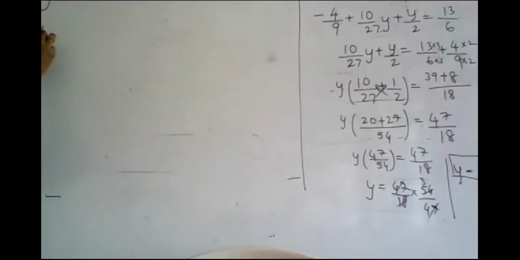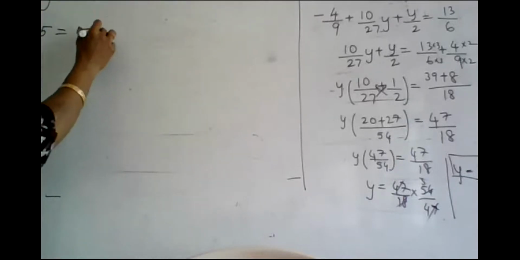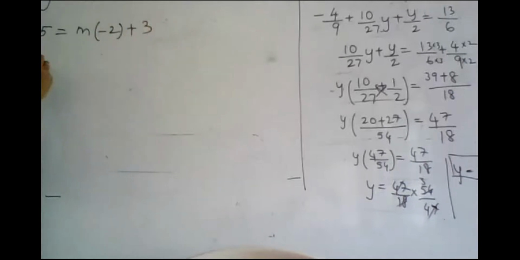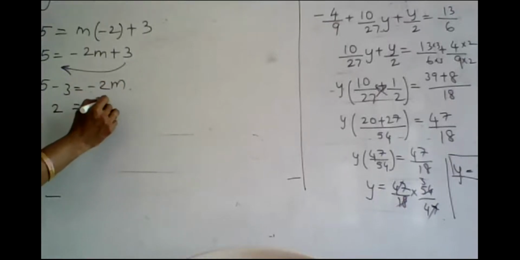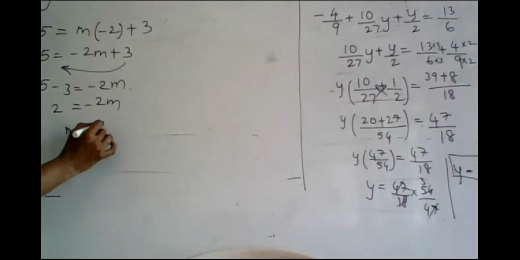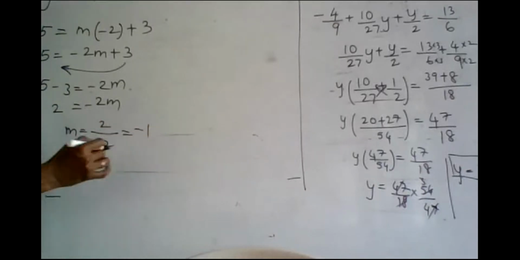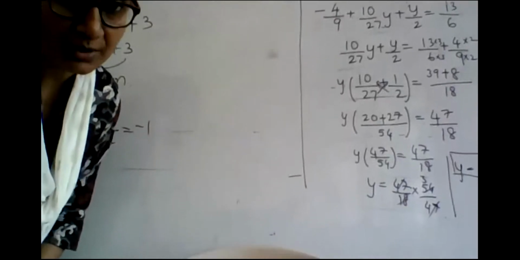And hence, when you write it in that equation, you get 5 equals negative 2 times m plus 3. Right? So the 3 will be transposed here. You will have 5 minus 3 equals negative 2 times m, which will be 2 is equal to negative 2 times m, or m is equal to 2 by negative 2, which will make it negative 1. Alright, so this is how you will do this problem here.